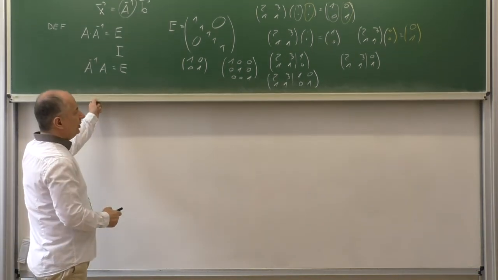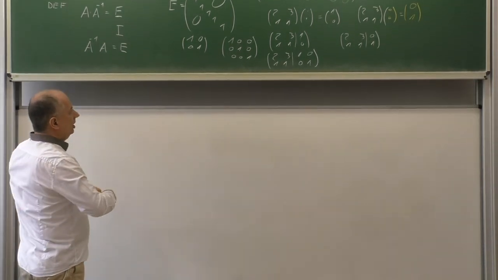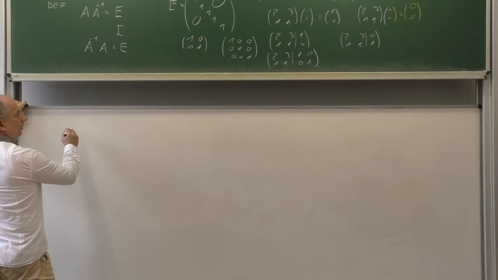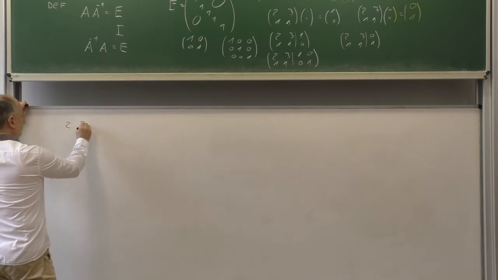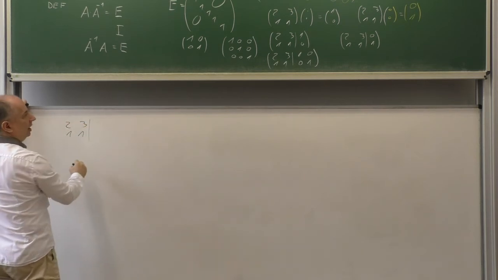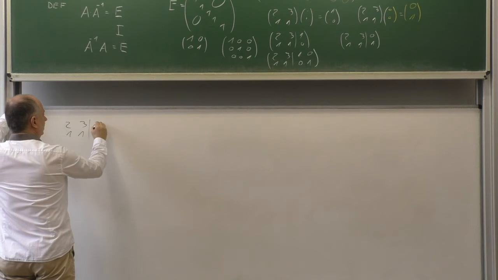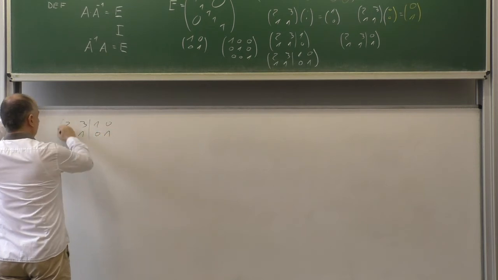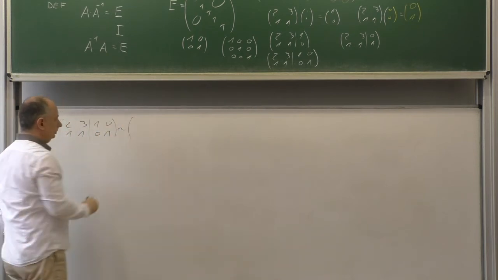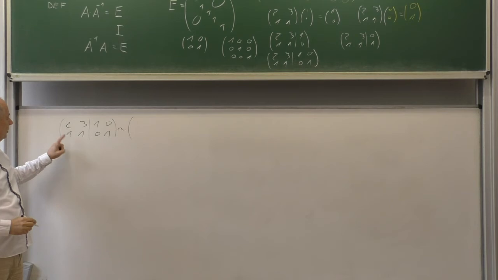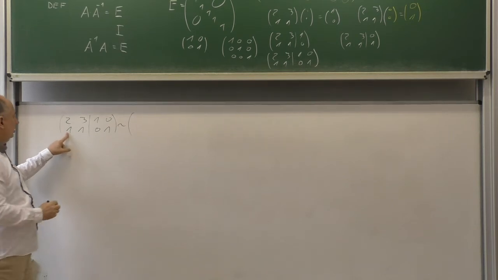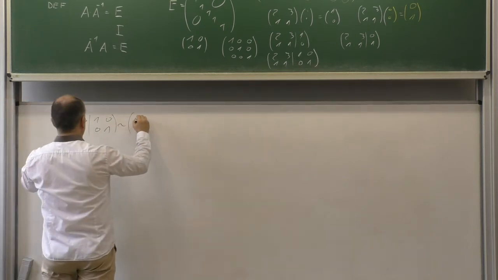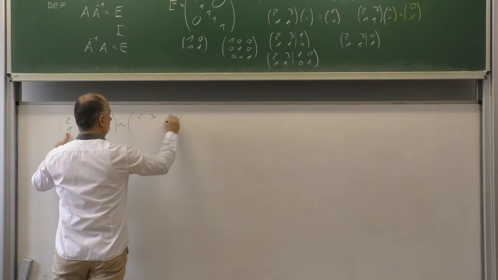So let me illustrate this for this matrix. So we have the matrix 2, 3, 1, 1 and 1, 0, 0, 1. So first we want to replace this one with 0. That means we copy the first row, 2, 3, 1, 0.